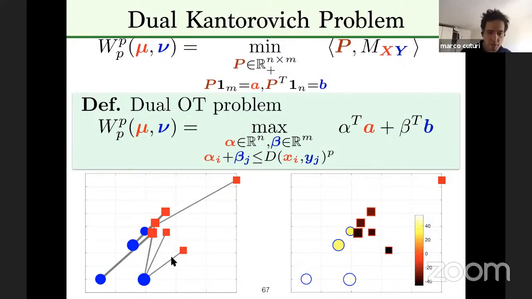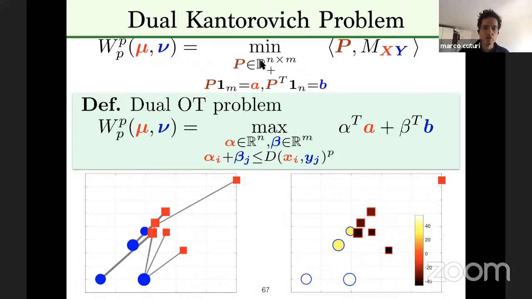And so this is the optimal transport. We know that this one has some mass. It's going to split the mass here. This one is going to go there. This one goes there mostly, and this one goes here. So this is the solution that you would get in the primal.